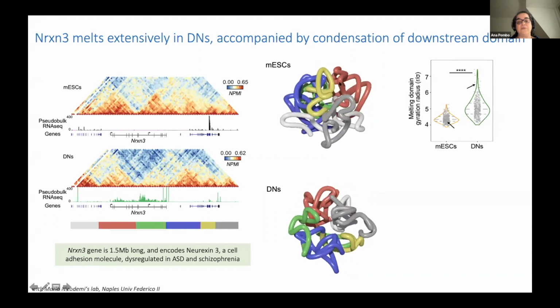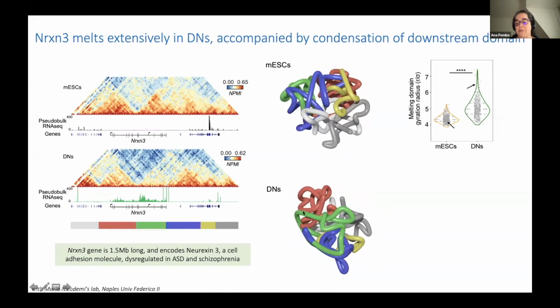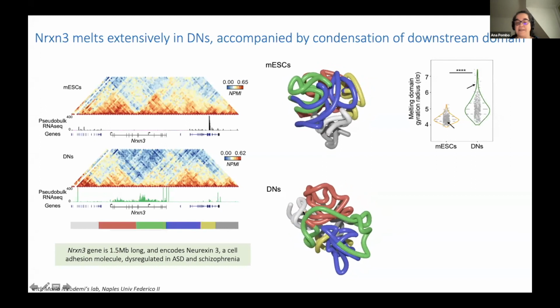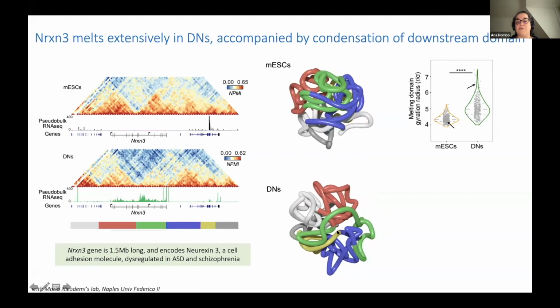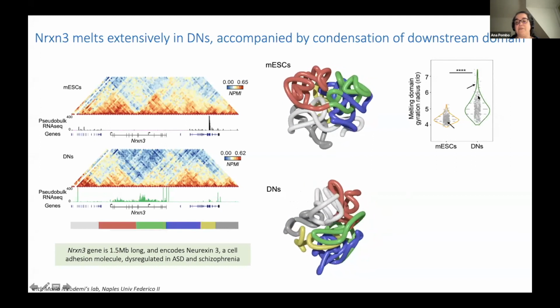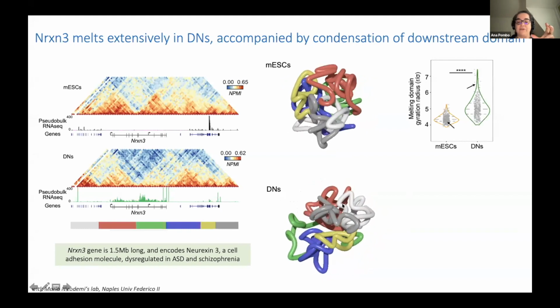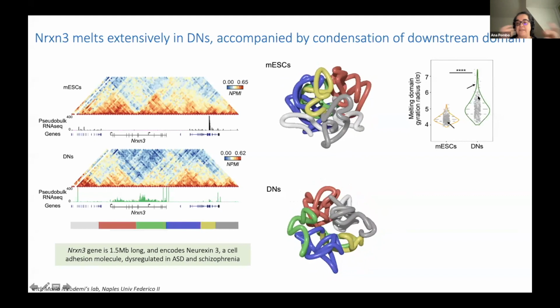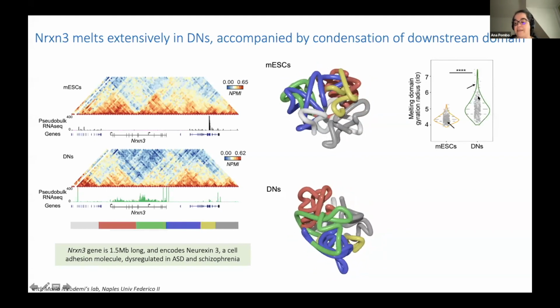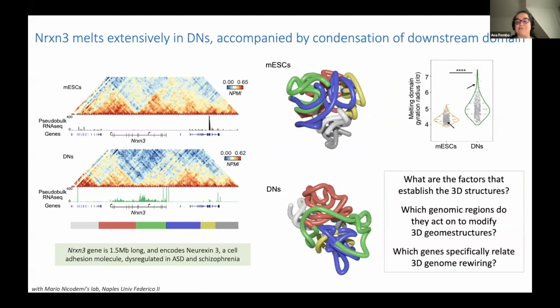When we look at these regions in the models, we can again see extensive decondensation, and we can also look at the gyration radius of the green domain in the DNs and see that it is extensively decondensed. And I just checked my clock, I'm running out of time.